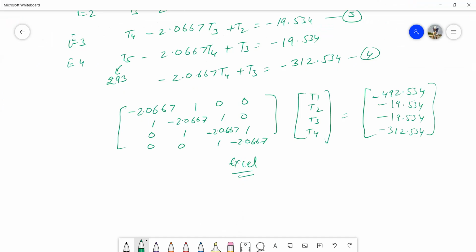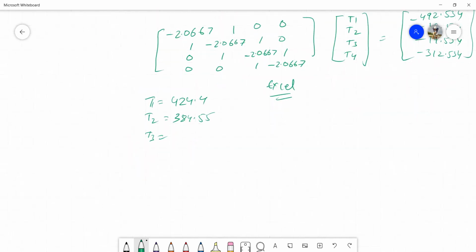So the temperature T1 is 424.4, T2 is 384.55, T3 was 350.83, and T4 is 320.98.